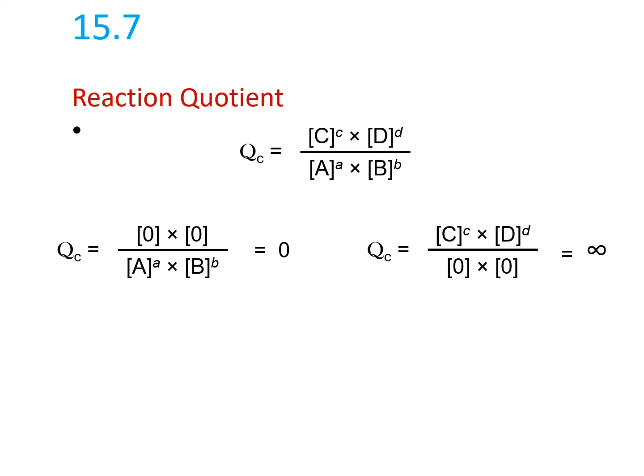You'd always have something. Now, understanding the relationship of the reaction quotient to our equilibrium constant tells us a little bit about where our reaction might be in the process of moving towards equilibrium.